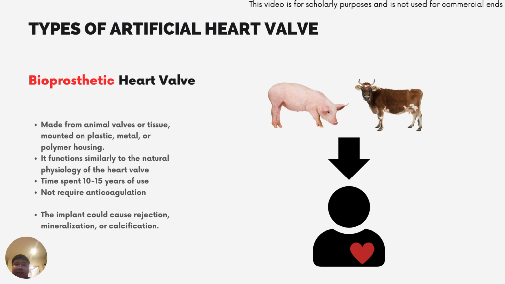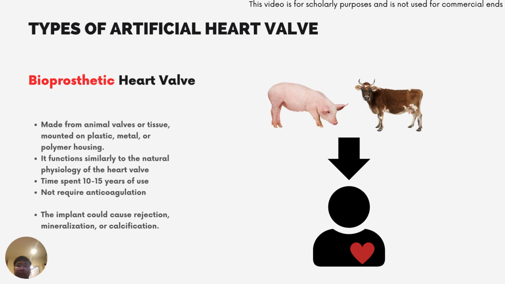Moving to the other types of artificial heart valve, the bioprosthetic heart valve is generally made from animal valve or tissue mounted on a plastic, metal, or polymer housing. This functions similarly to the natural physiology of the heart valve, but approximately 50% of the valves fail within 15 years of implantation due to structural breakdown.